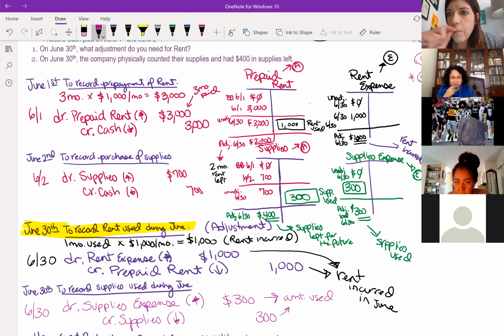Something to note, because I've seen this issue in the past, the journal entry shows the transaction value. It doesn't show the balance of the accounts. The balance of the accounts is what's shown in the T accounts. You have the beginning balance, ending balance, and all the transactions that are debited and credited to the account. But the journal entry just shows the transaction value for that specific transaction.